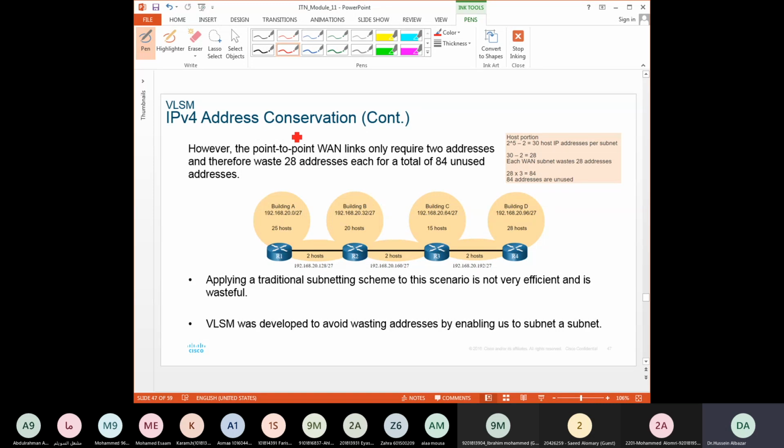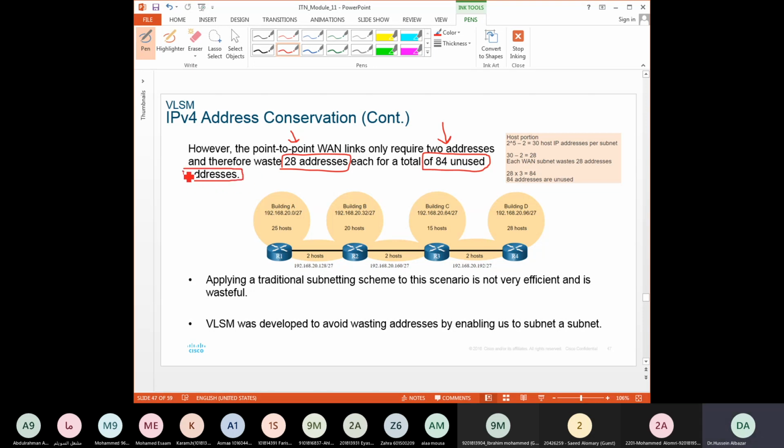Now I have links 3, 2, 1, and each point-to-point link requires only 2 addresses. So we have already wasted 28 addresses for each subnet. So the total number is 84 unused addresses.